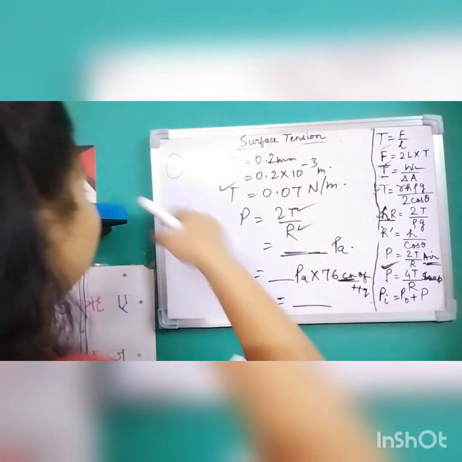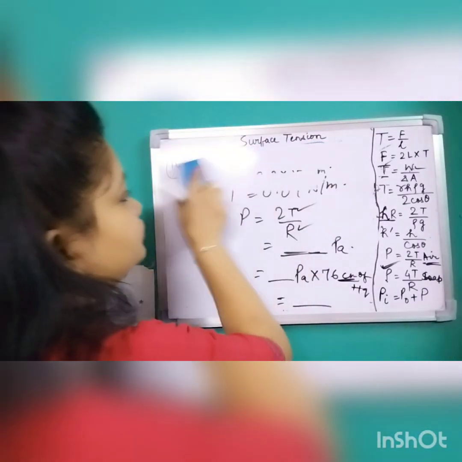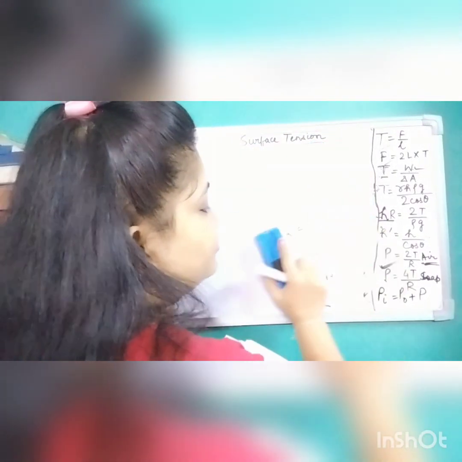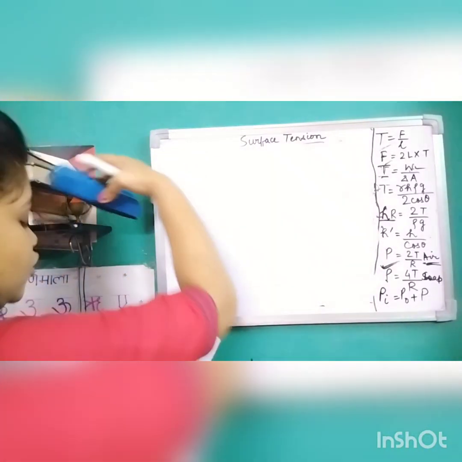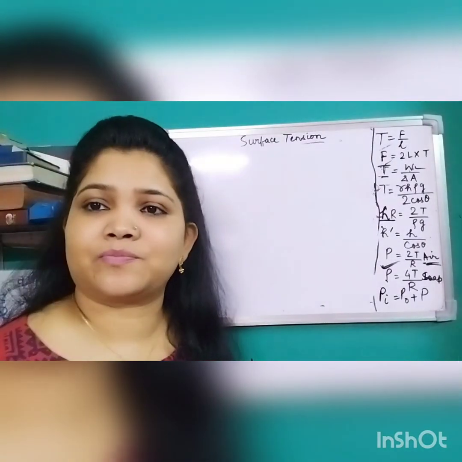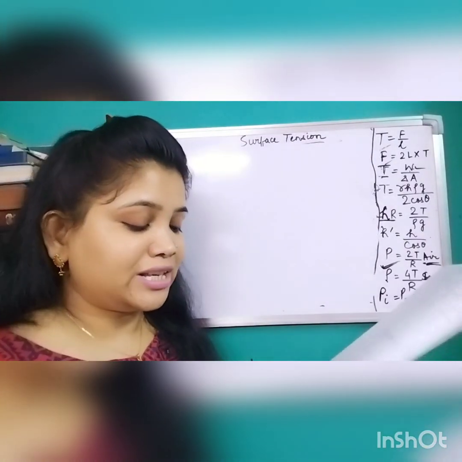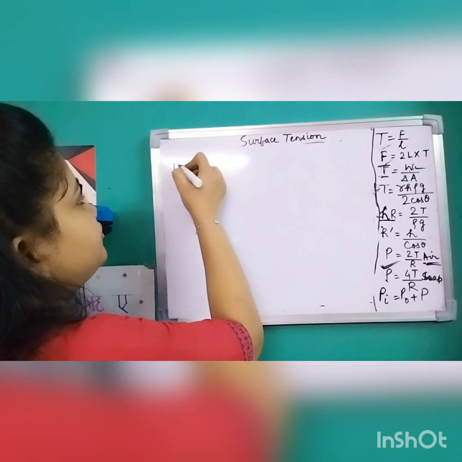Now coming to sum number 15. Just remember, in case of an air bubble, it is 2T by R, and in case of a soap bubble, it is 4T by R. Let us see what sum 15 is telling us.